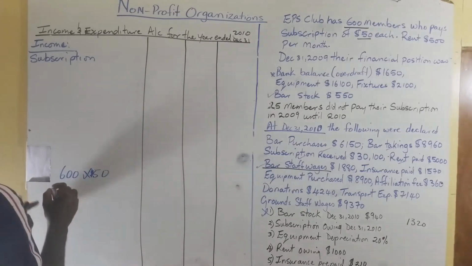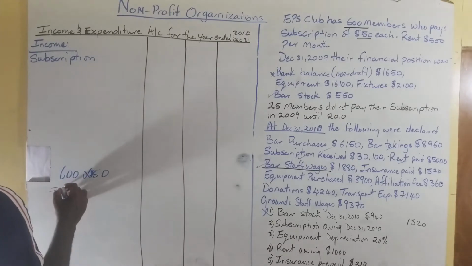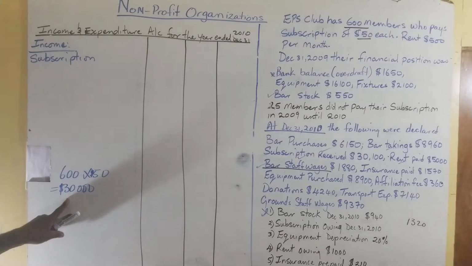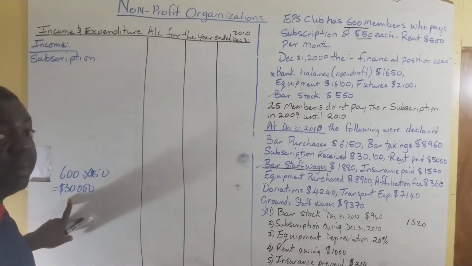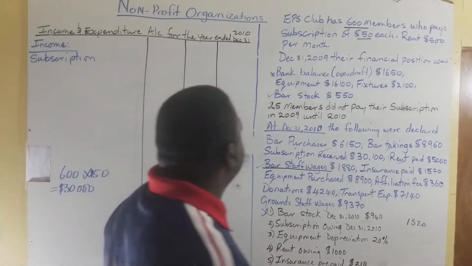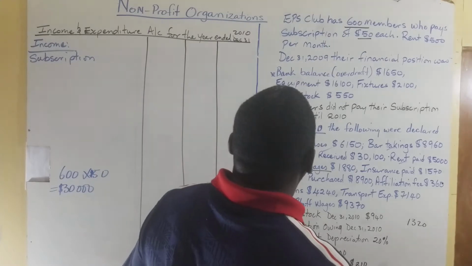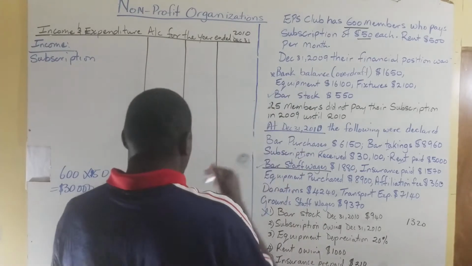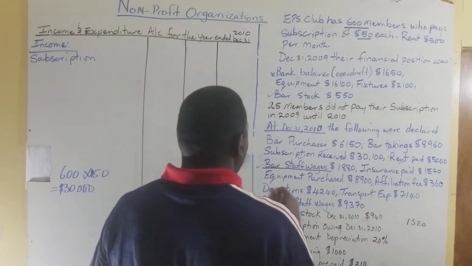So at the end of each year, the club should receive $30,000 in total from the members.